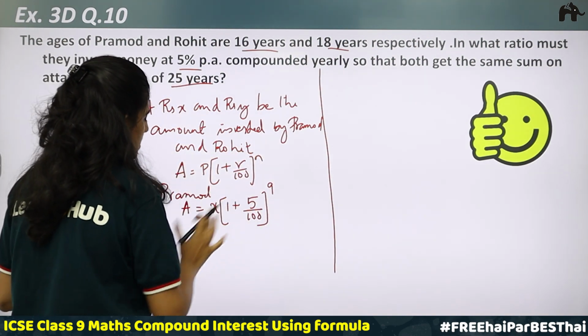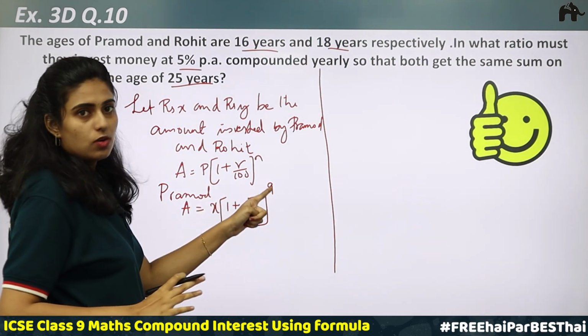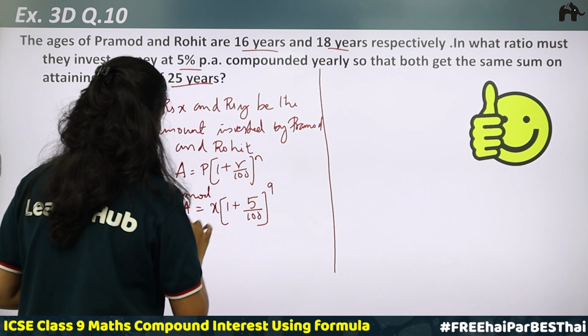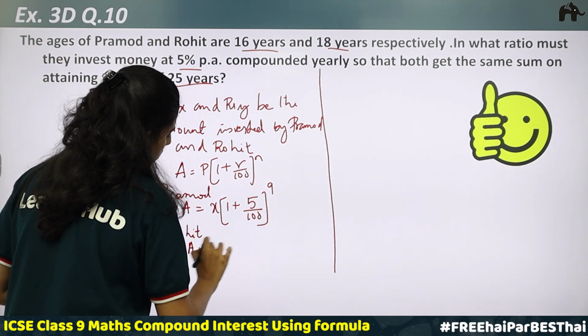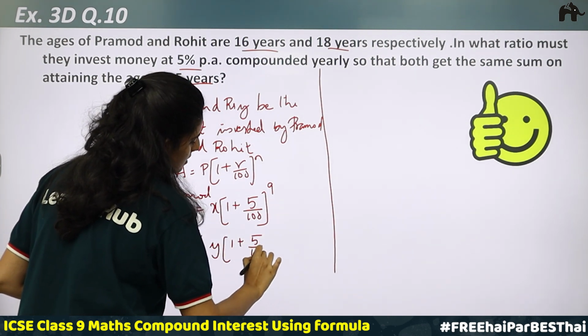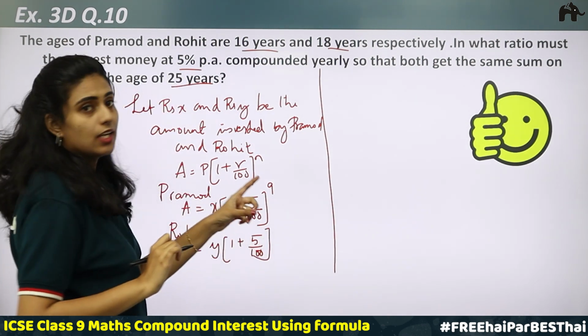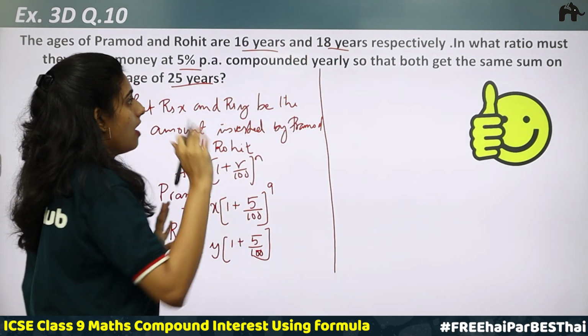So A is equal to X into 1 plus 5 by 100 whole raised to 9. Now what about the case of Rohit? Amount will be equal to Y into 1 plus 5 by 100 whole raised to 9. Here Rohit is 18 years old.